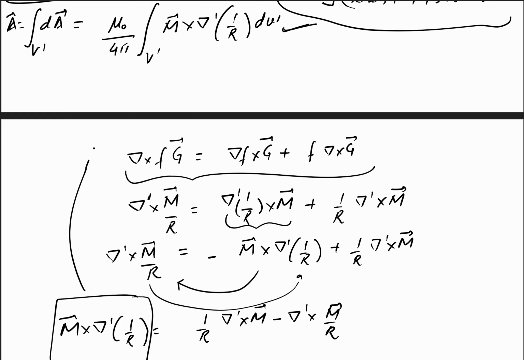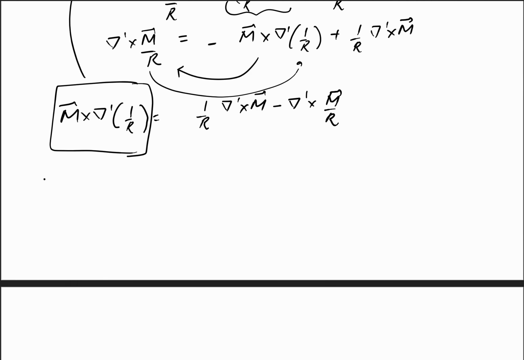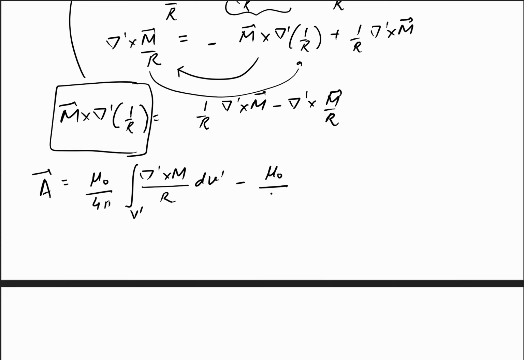I will find that the magnetic vector potential can now be written as A equal to mu naught upon 4 pi, integral over the whole source volume, of del dash cross M over R dv dash, minus mu naught upon 4 pi, integral over the whole volume V dash, of del dash cross M by R dv dash.